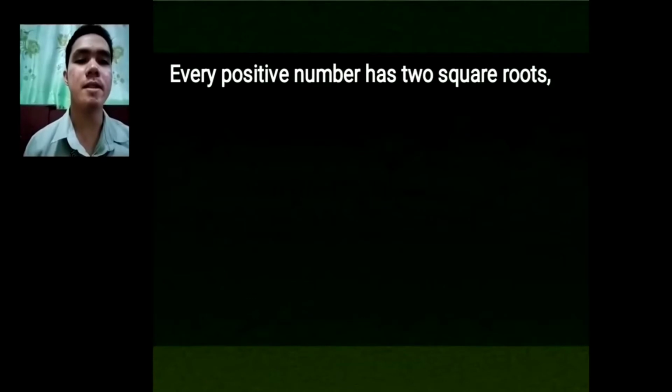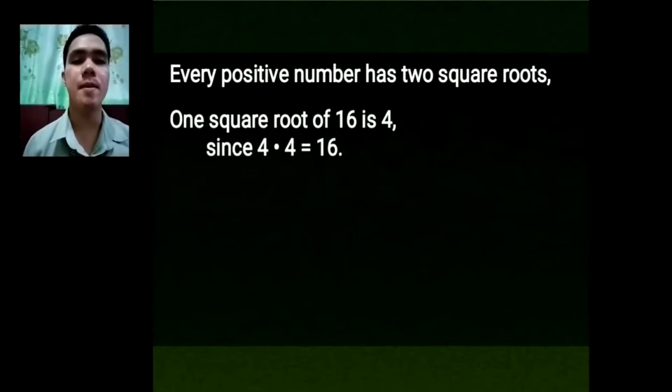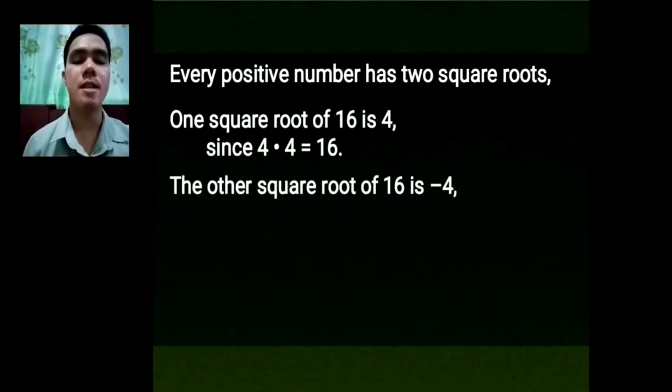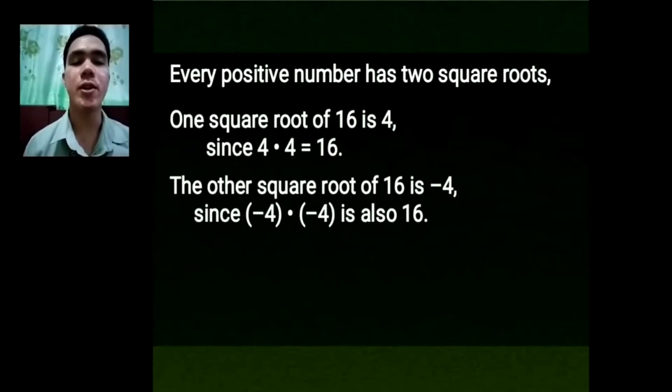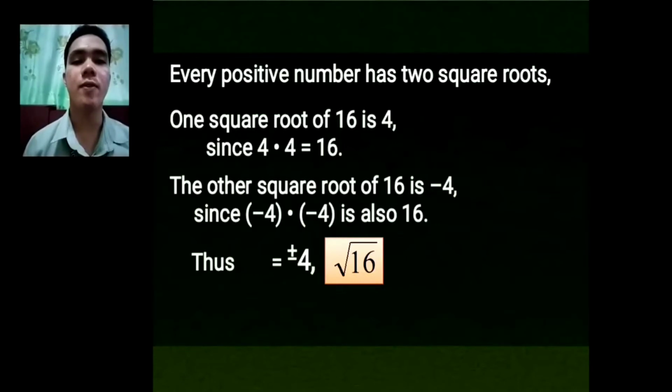So every positive number has 2 square roots. One square root of 16 is 4, since 4 times 4 is 16. The other square root of 16 is negative 4, since negative 4 times negative 4 is also 16. So the square root of 16 is positive or negative 4.